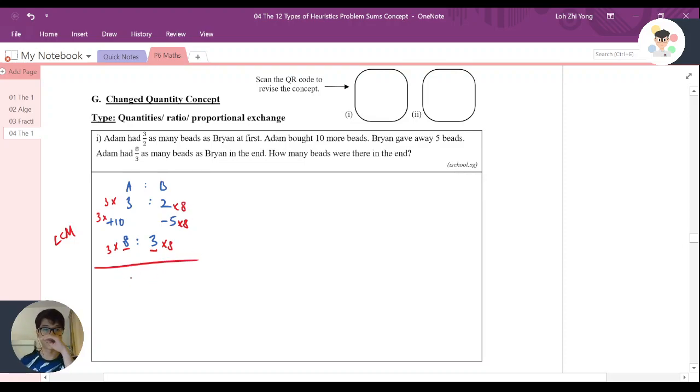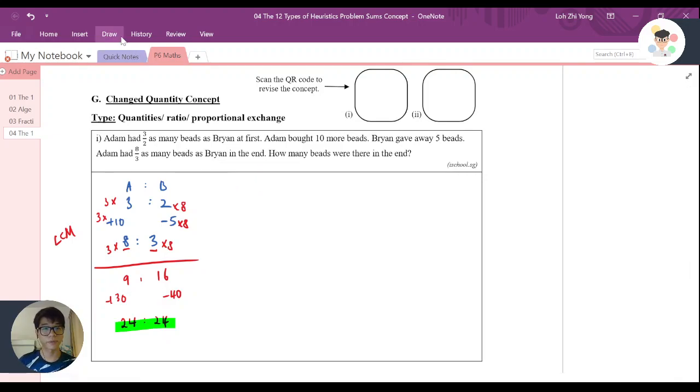So the new ratio that we will have here will be 9 to 16, plus 30, minus 40, 24, 24. Now, we can see that the finals are the same.